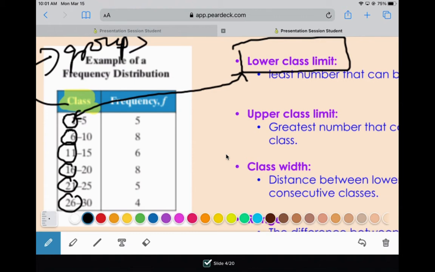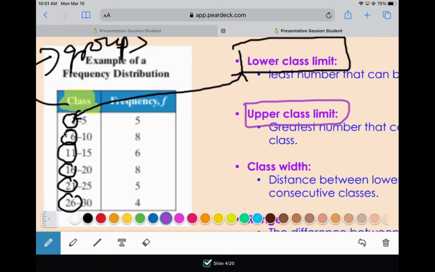The next one you should know is the upper class limit. Anyone want to guess which values represent the upper class limit? If the first value is my lower class limit, do you want to guess which values my upper class limit will be? 26?